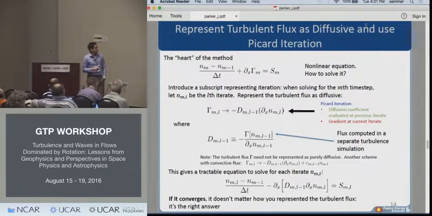This is now linear in the new iterate n_L, so you can solve this with linear methods. And if it converges, and this is bolded because it's a very important point, then it doesn't matter how you represented it, because it's going to be the right answer. But of course, the representation will affect your convergence properties.